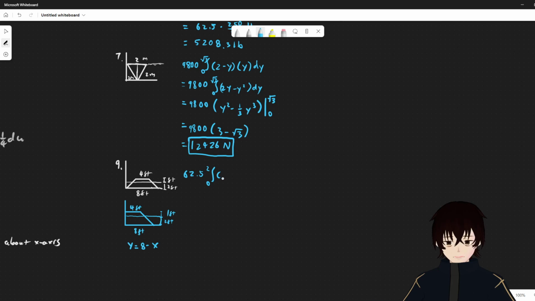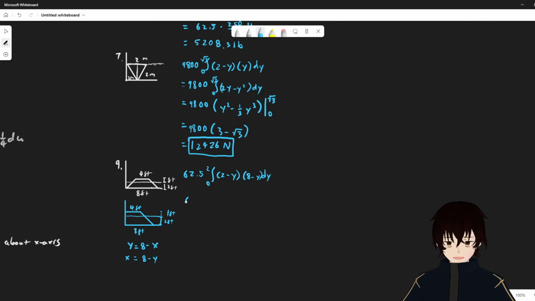Our depth is 2 minus y, and this should be x is equal to 8 minus y. Our length is going to be 8 minus y dy. Is that right? Plugging 2, we get 6. Sounds about right.